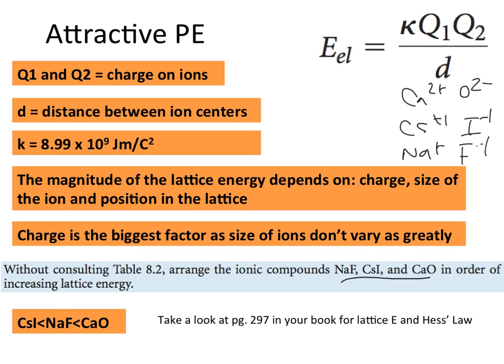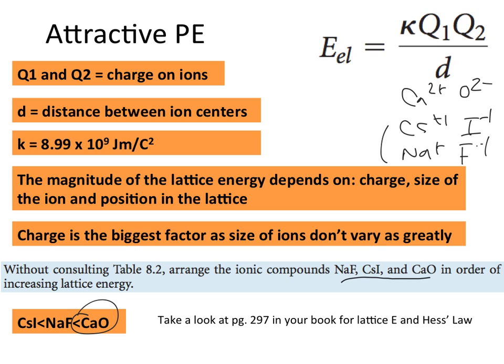So if we look at the overall charges of these three compounds, we immediately know that calcium oxide is going to give us the largest lattice energy, because it has the largest charge values. Now we need to figure out whether cesium iodide or sodium fluoride is going to be the next largest.